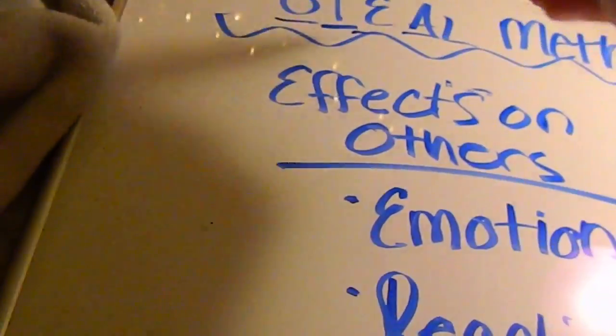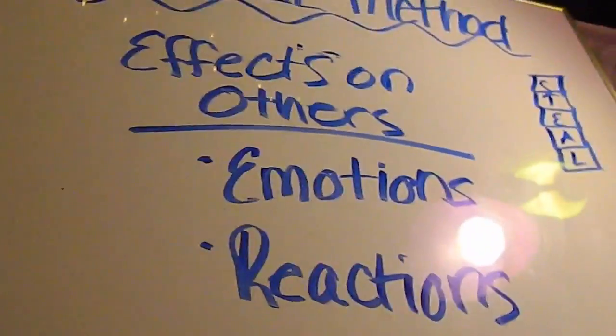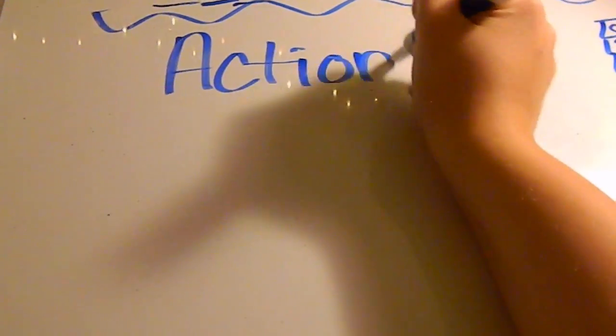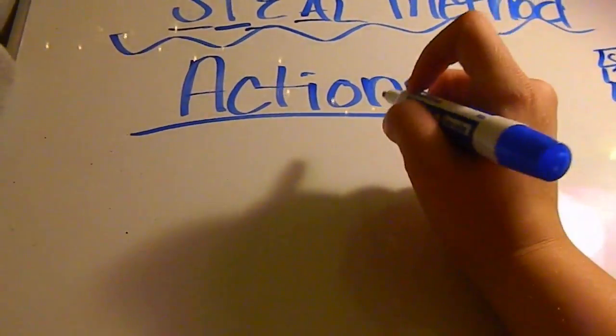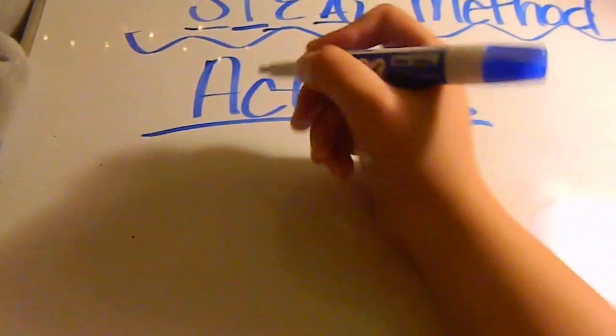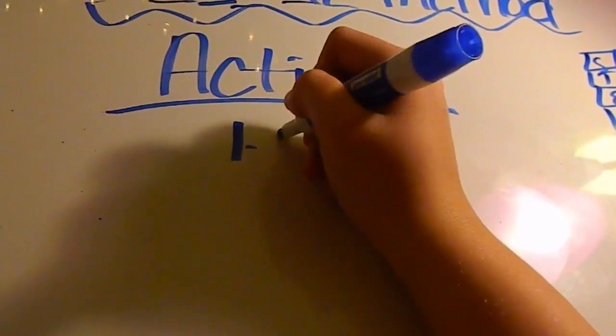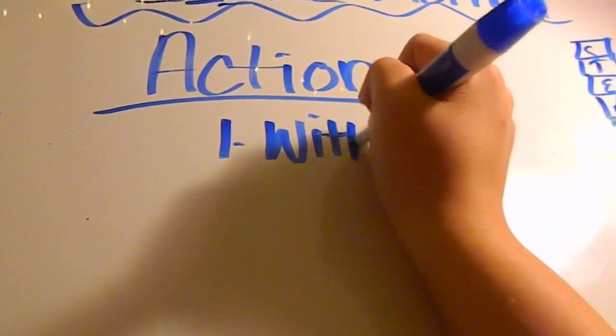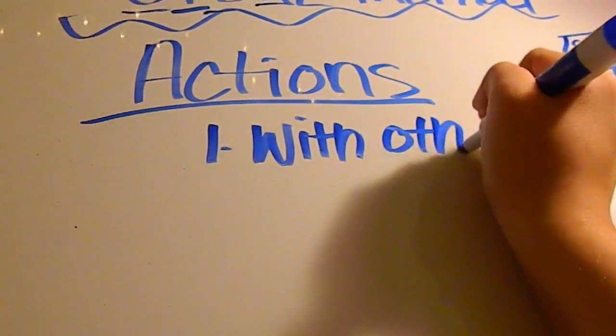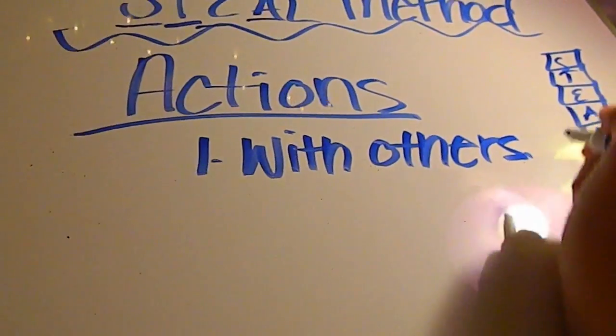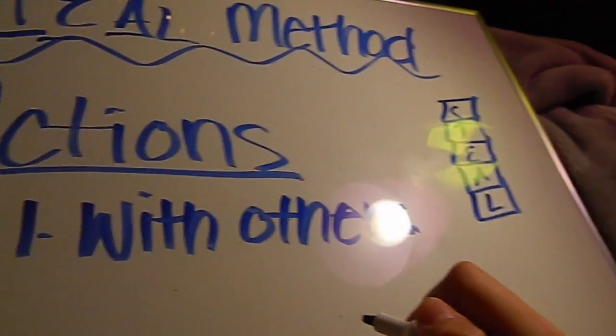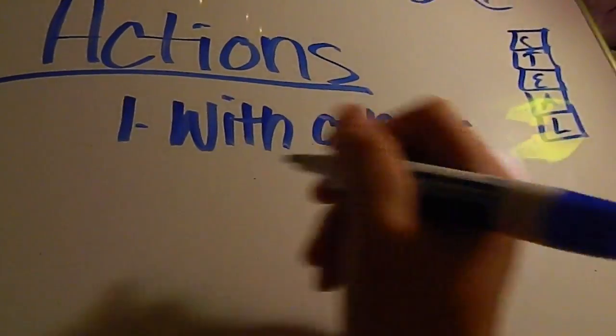Now, we'll go on to the A in STEAL, which is actions. And the actions show with others, how does your character change with different people around?